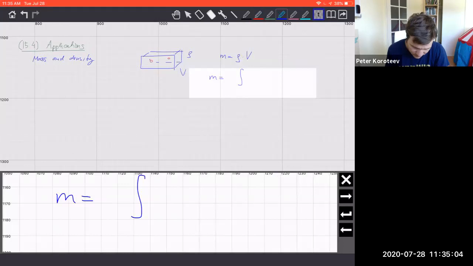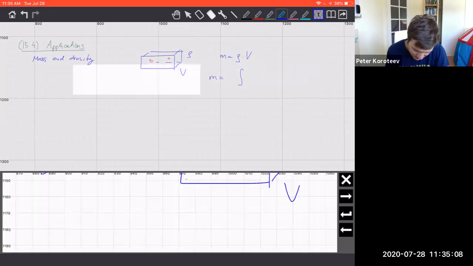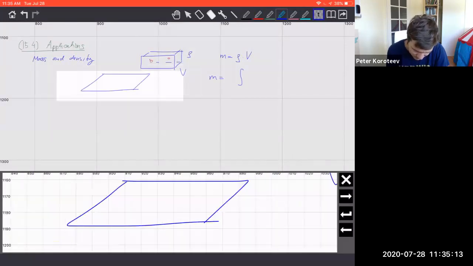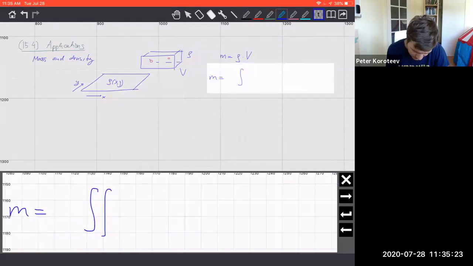Here we're talking about 2 dimensions, so I draw the 3-dimensional thing. Say you have some 2-dimensional shape in the X and Y plane, and the density is a function of x and y. So the mass will be the integral of the density function over the volume.